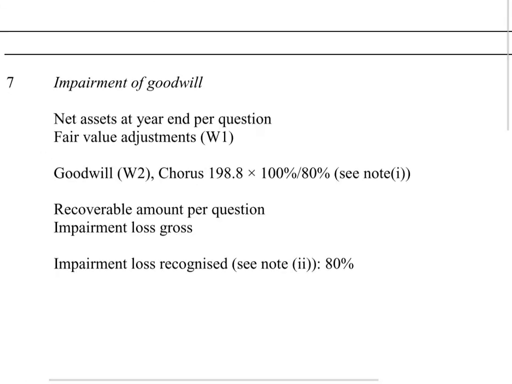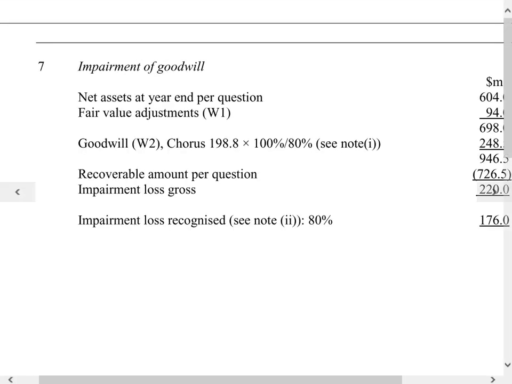At the end of the year, we have to compare carrying amount versus recoverable amount, correct? Carrying amount and recoverable amount. The recoverable amount is given in the notes. We need to know the carrying amount of the subsidiary at the year end, because we test for impairment at the year end.